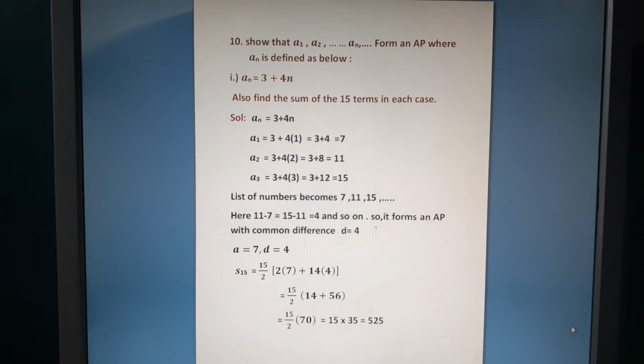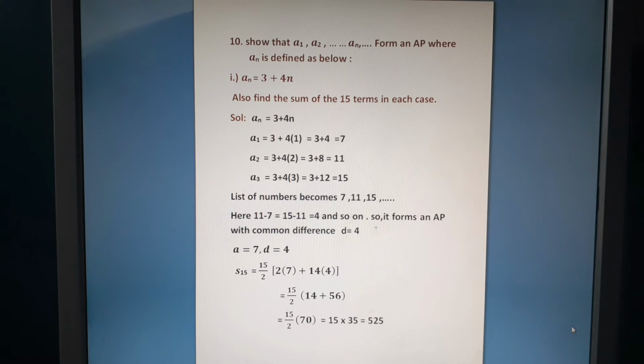Here, the list of numbers becomes 7, 11, 15, etc. d is equal to 11 minus 7, that is second term minus first term, is equal to third term minus second term, that is 15 minus 11 is equal to 4 and so on. So it forms an AP with common difference d is equal to 4.